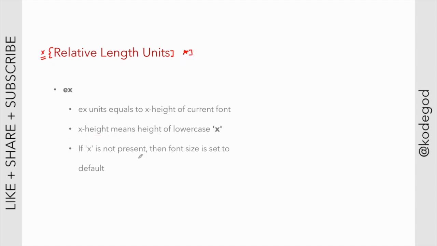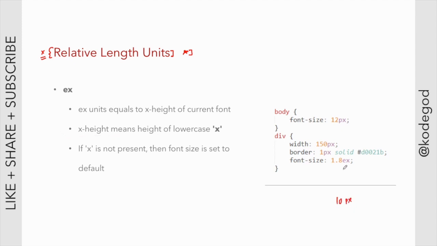If in your font set x is not present, in that case the font size is set to default. So this is one example. Once you know that x has a certain height for the font, then you can specify it like this. If let's say your ex value is 10 pixels, and we are setting the font size as 1.8 ex, that will become 1.8 multiplication, which will give you 18 pixels.